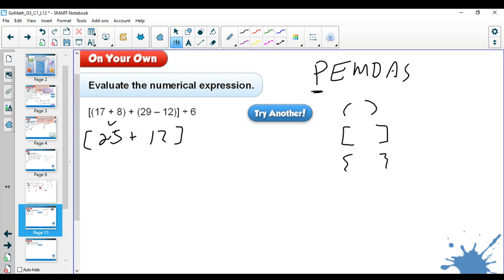I'm going to rewrite my braces so that I don't forget about them. Now I get 25 plus 17. 7 plus 5 is, what is that? That's 12. I regroup. 2 plus 1 is 4. So I get 42 divided by 6. And the answer to this one is 7.